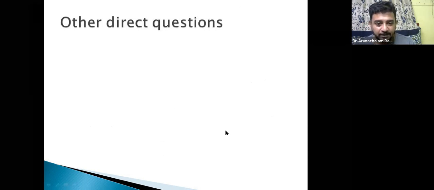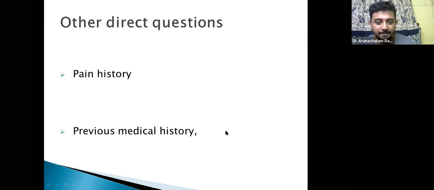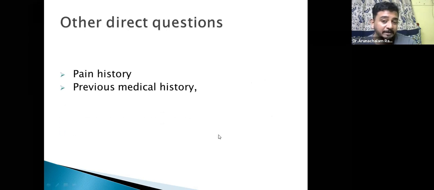There are some other direct questions you can ask the patient about pain. Remember that in assessment of neurological conditions, you should have a pain history completely charted, like a musculoskeletal problem, in case the patient complains of pain. For previous medical history, if you want specific details, ask, sir, are you taking Eptoin tablet? Are you taking Syndopa tablet?